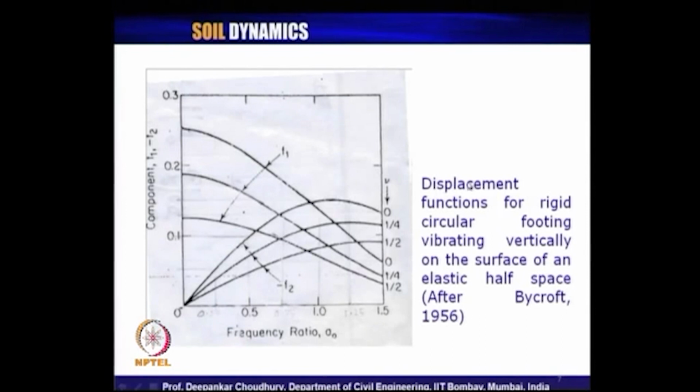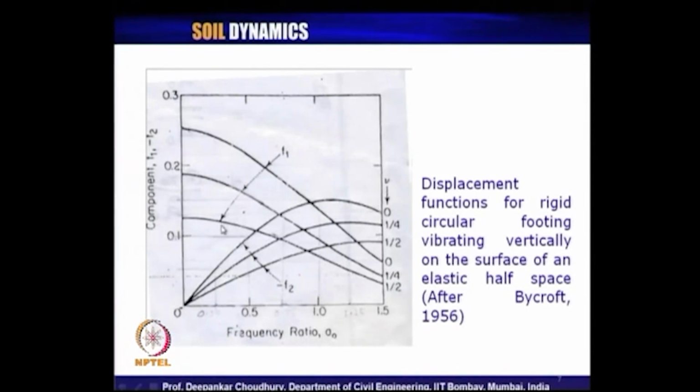And how do this f 1 and f 2 vary with respect to the frequency ratio and Poisson's ratio? I have already mentioned this f 1 and f 2, that is Reisner displacement functions, are functions of Poisson's ratio of the soil and dimensionless frequency factor. So, this is dimensionless frequency factor.